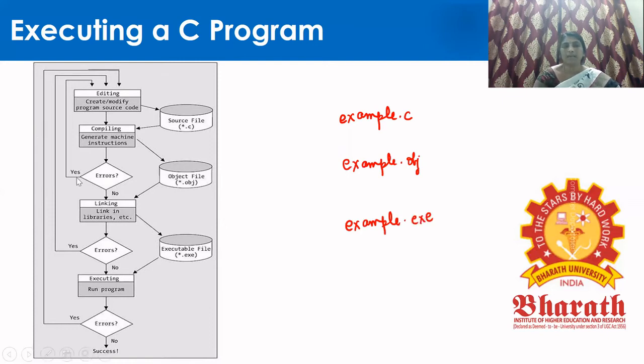If errors are there, it has to be re-edited and then run again. Then after the executable file, the program is run, and if there are no more errors, we will get the output. So when a C program is run, there will be 3 files generated: one is the source code, another is the executable code, and another is the object file.